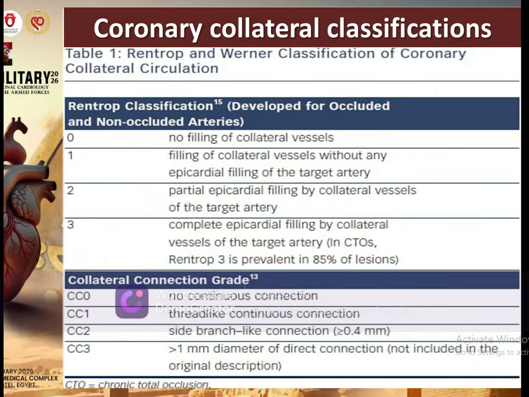So, to go into our science, the coronary collateral connections have an older classification, which is the Rentrop classification, and the practical Werner score, the coronary collateral connection score, CC0, CC1, 2, and 3.